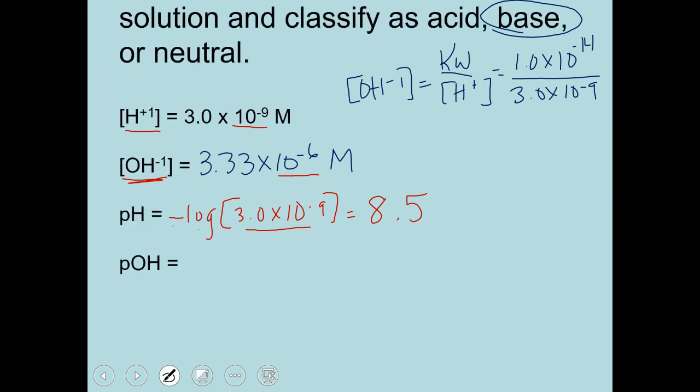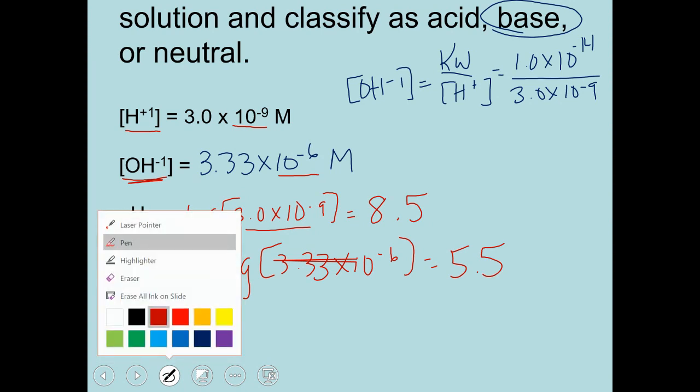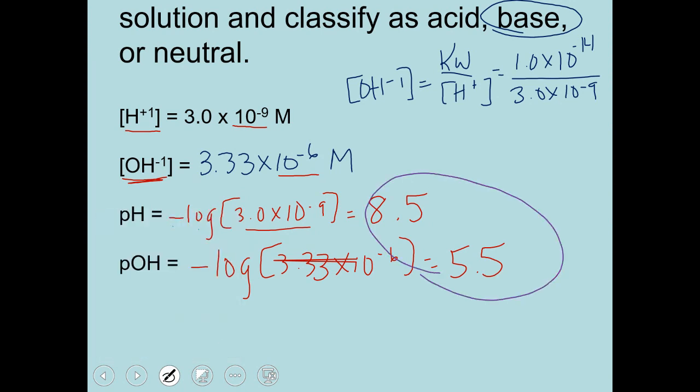For the pOH, it's the negative log of the hydroxide. So I take the 3.33 times 10 to the negative 6, find the opposite of its log, and I got 5.5. Notice that these two add to give you 14.